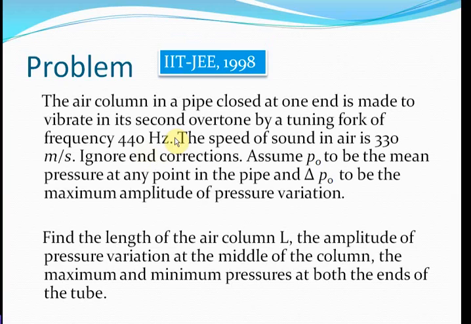Ignore end corrections. Assume P0 to be the mean pressure at any point in the pipe and assume delta P0 to be the maximum amplitude of pressure variation. Find the length of the air column L, the amplitude of pressure variation at the middle of the column, and the maximum and minimum pressures at both the ends of the tube.